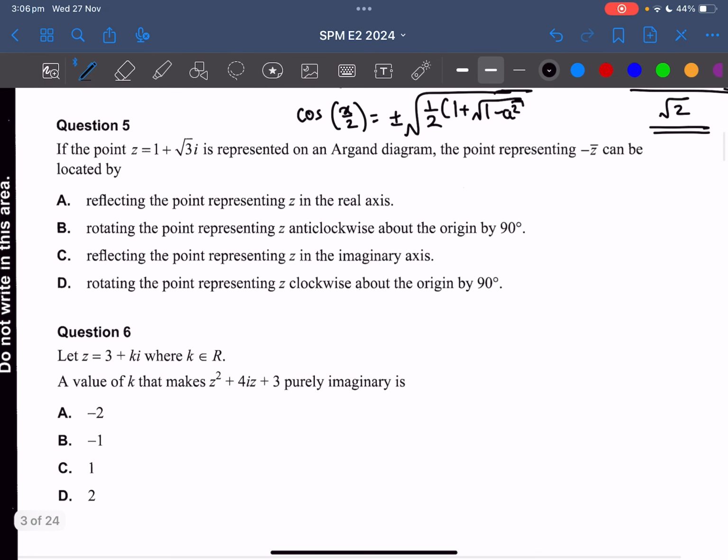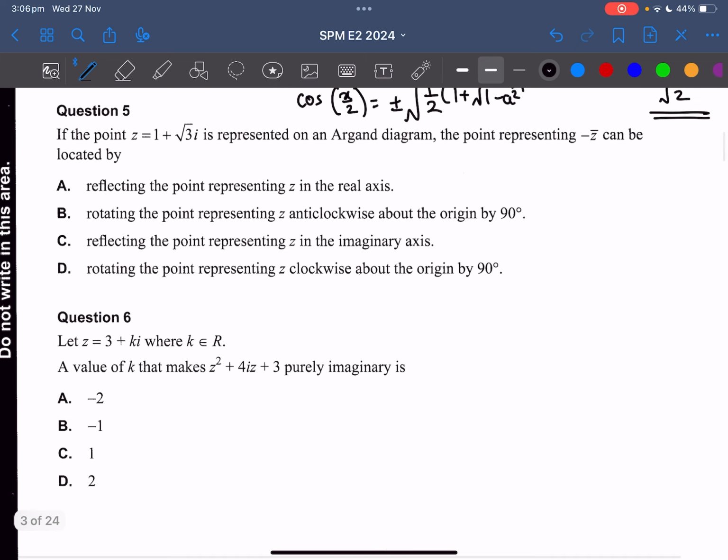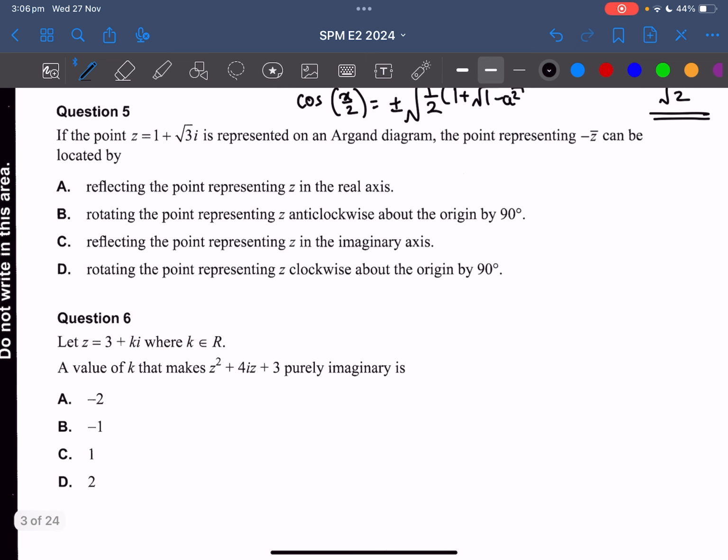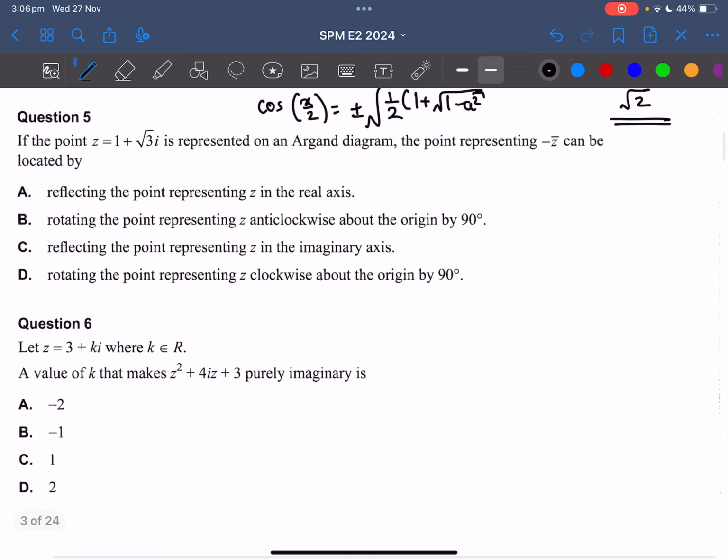If the point is z equals this, represented on an Argand diagram, the point representing negative z bar can be located by, so negative z conjugate. Okay, in that case, let us draw the grid and label the points to see the visual. Our z is somewhere here, 1 plus root 3i, so that is our z.